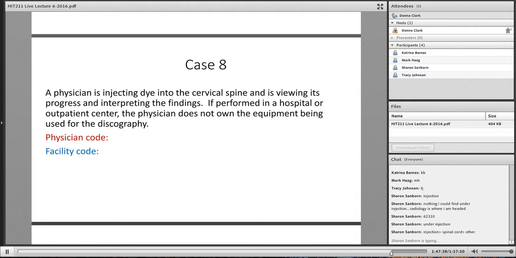Let me tell you what I went to. Go to discography, and then go to injection. Discography, injection. All right. Tell me what you get.